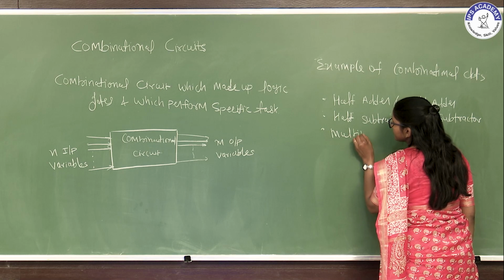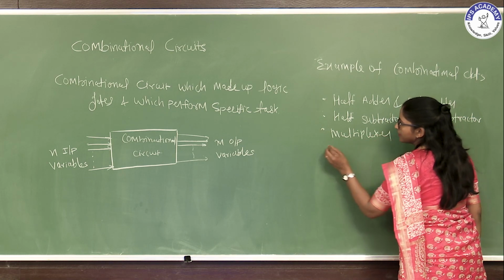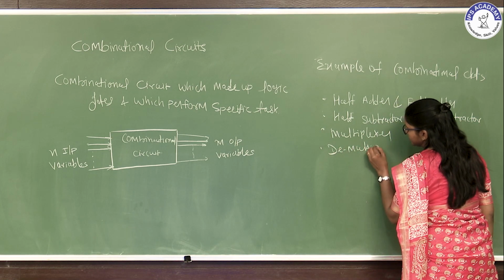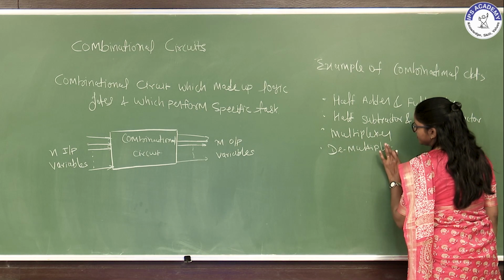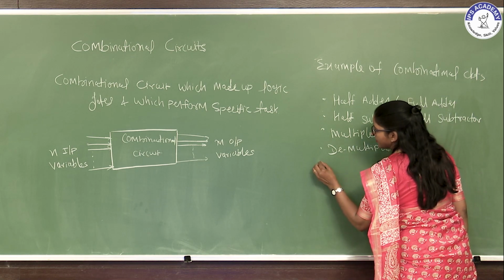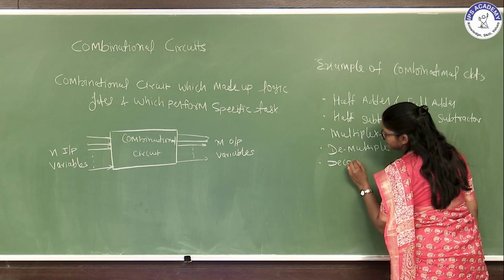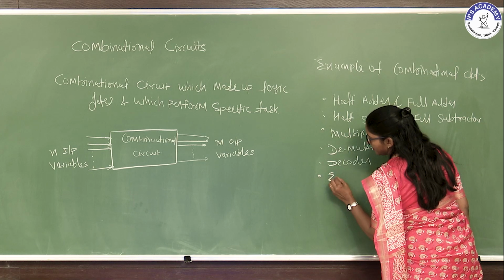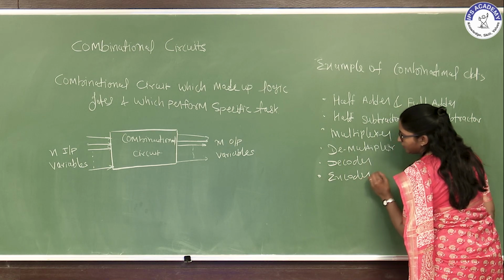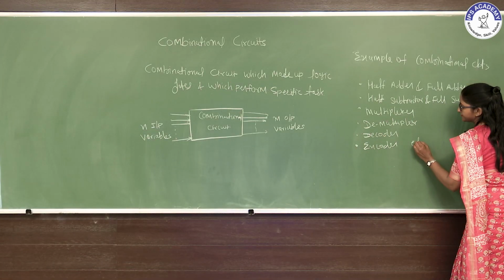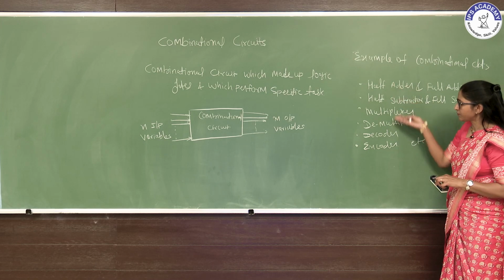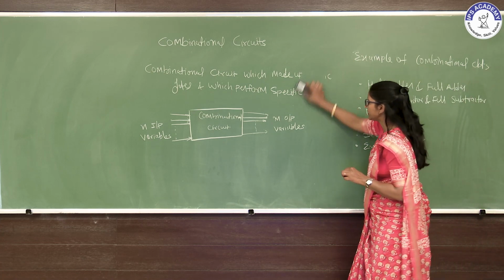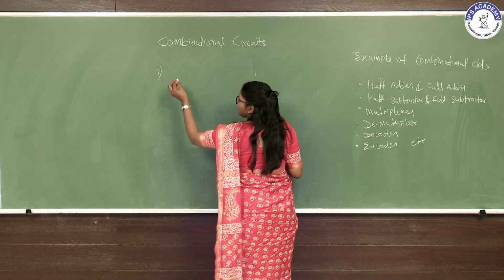Multiplexer, demultiplexer, decoder, encoder, etc. So these are some examples of combinational circuits. Here we will discuss one combinational circuit, that is multiplexer. So first we will talk about the multiplexer.